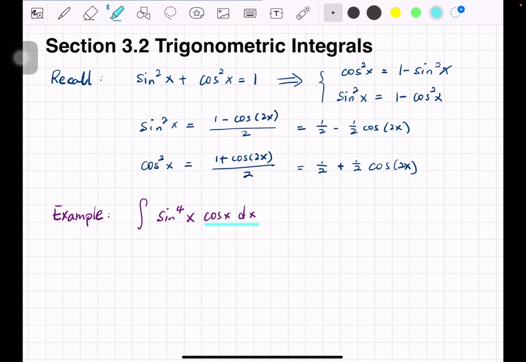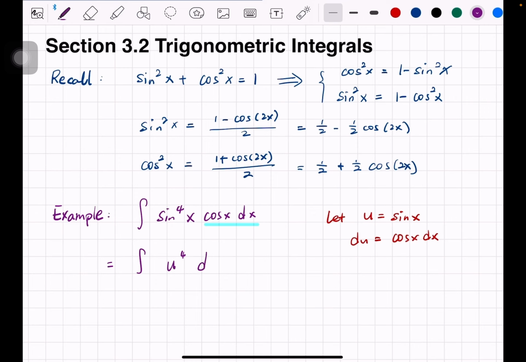We know the derivative of sine x is cosine x, so we can let u equal sine of x, where du is cosine of x dx, which matches the cosine x dx in the integral.